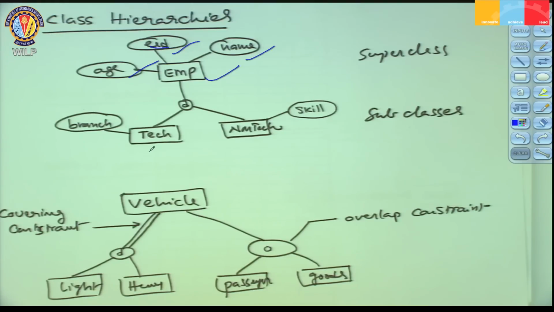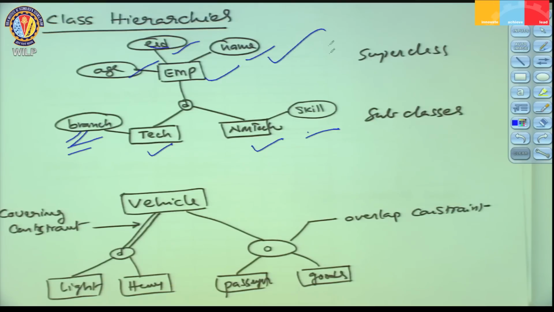Then I have subclasses, technical employees and non-technical employees. For technical employees, the specific attribute is the branch with which they are associated, like mechanical, civil, electrical and so forth. For non-technical employees, there will be skills, like managerial skills, typing skills, shorthand and so forth. These are specific attributes associated with subclasses.